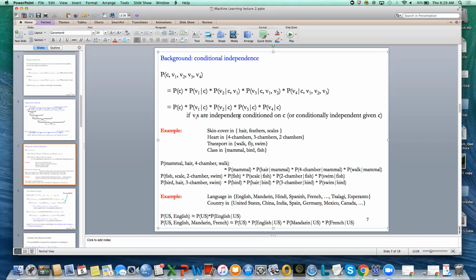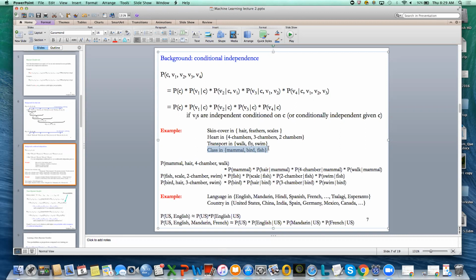It may be very rare for conditional independence to be achieved in a pure sense, but very often it's convenient just to assume it. And here's a couple of examples of where we might have conditional independence, or even if we don't have perfect conditional independence, where we might assume it nonetheless. So in one particular example, we might be looking at classes of animals, mammals, bird, and fish.